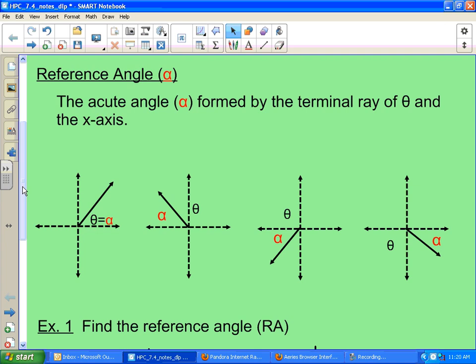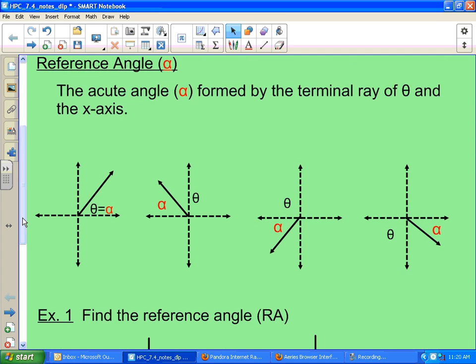What a reference angle is, it's an acute angle that's measured, and this is the key part that we don't want to get messed up. It's always measured from the x-axis, never from the y-axis. Always coming from the x-axis to the terminal ray of wherever my triangle is.